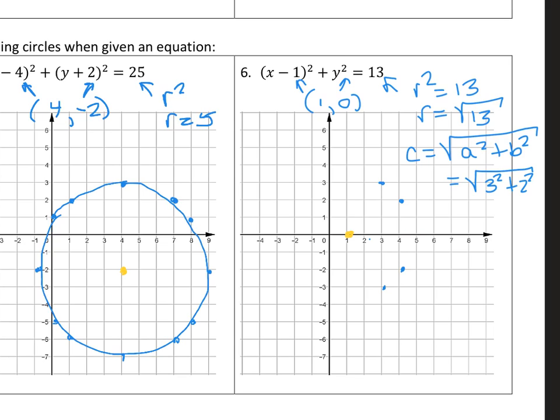So go left 2, down 3, left 3, down 2, left 3, up 2, left 2, up 3. And so we can get a fairly accurate circle drawn by putting some accurate points right on the grid.